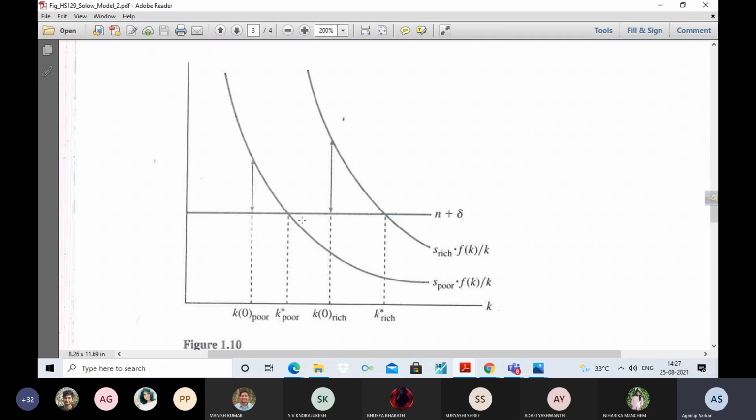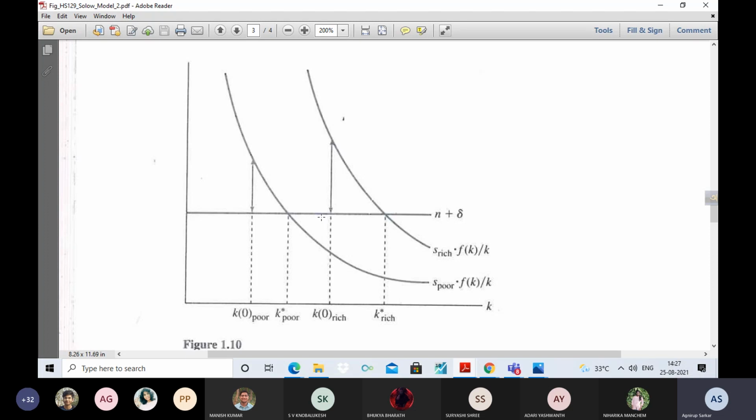See, if these economies have the same saving rate, then the per capita growth rate, which is the distance between the sFK by K curve and the n plus delta line, would be higher for the poor economy, right? And K dot by K poor would be greater than K dot by K rich.